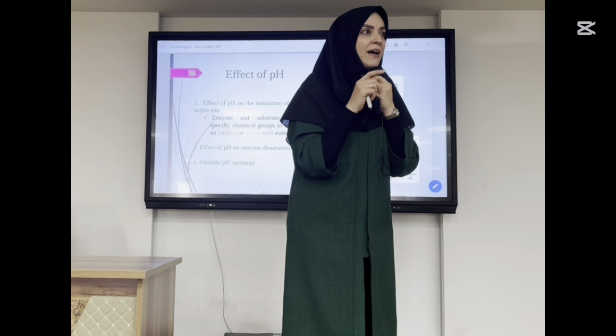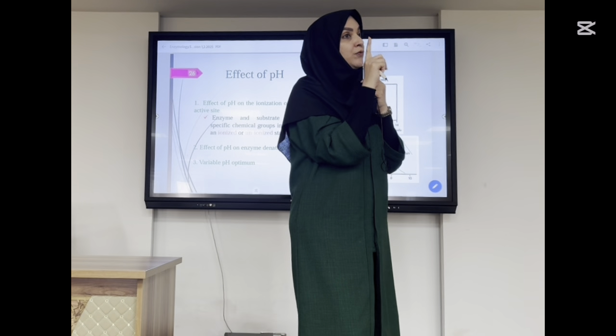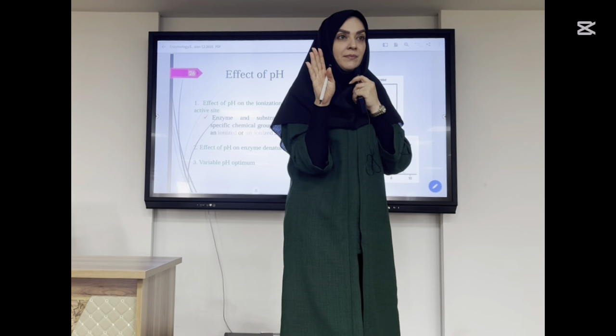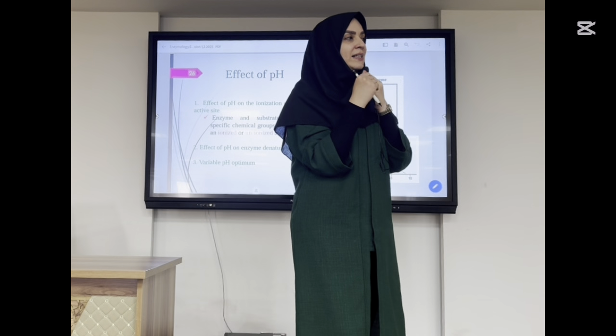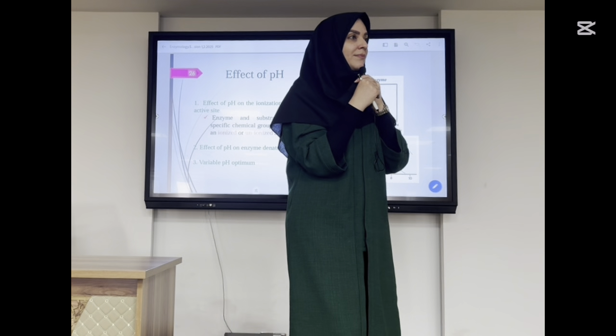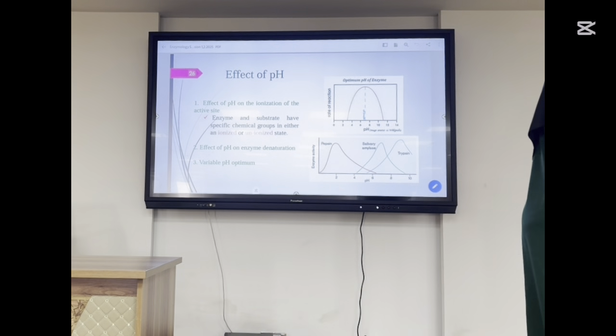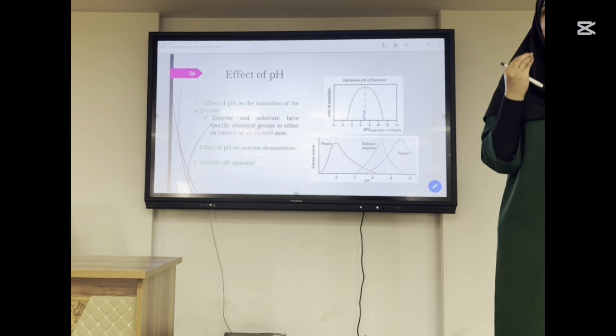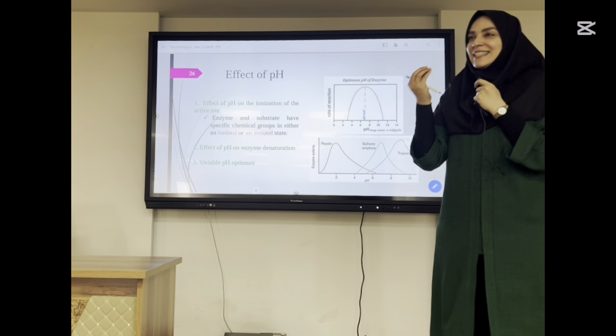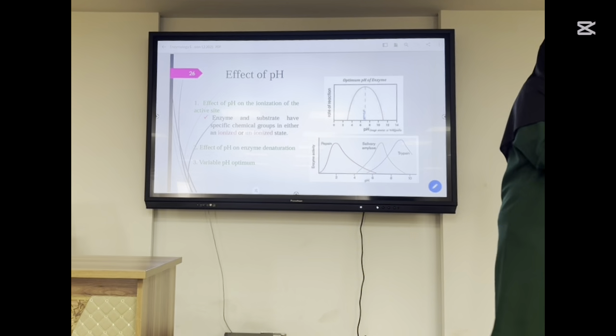Can we say we have one specific pH for all the enzymes? No. Who can give an example? Pepsin. Pepsin works at pH 2. Excellent. So it means that pepsin is an acid-stable enzyme.